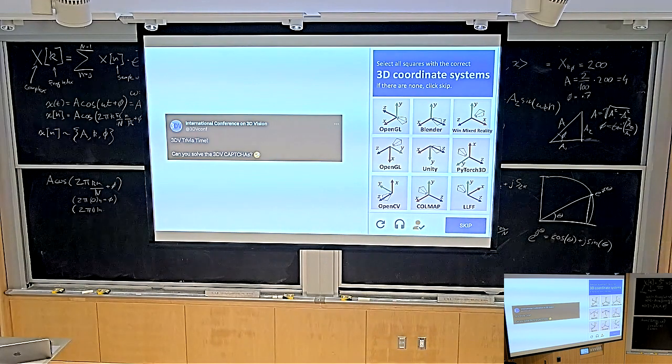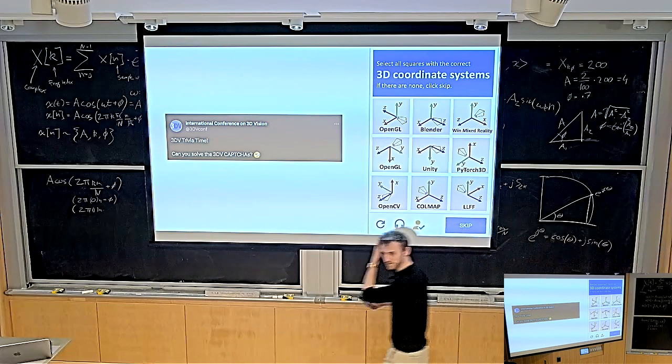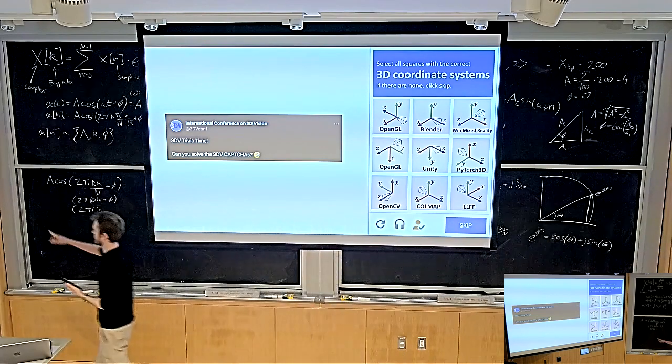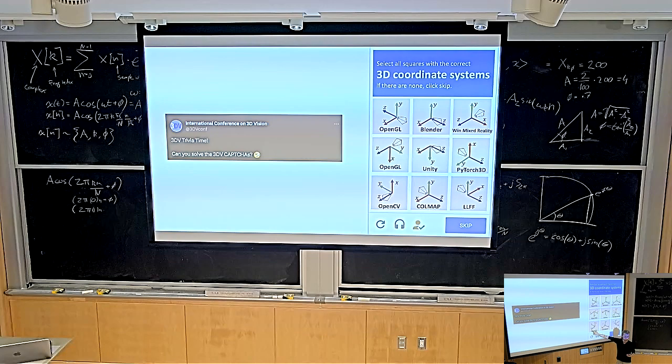Okay, I'm going to ask someone to. Actually, it's impossible to judge whether this is correct. PyTorch3D. Okay, well, I wanted to try to do it, but it's actually kind of hard to judge. Maybe at least the z-axis. Is this correct for OpenCV or no? Yes, good, nice.